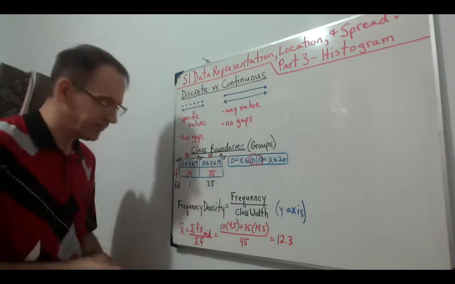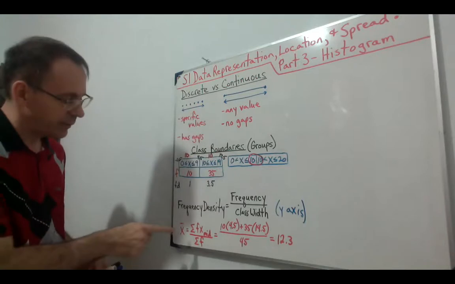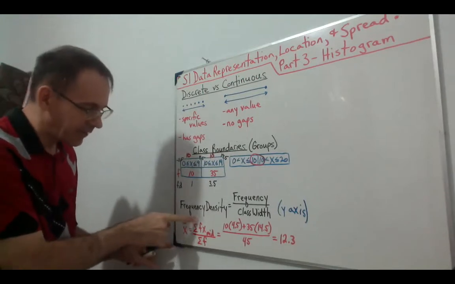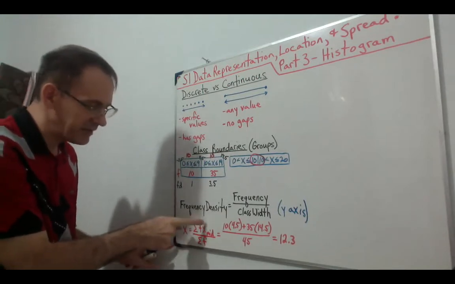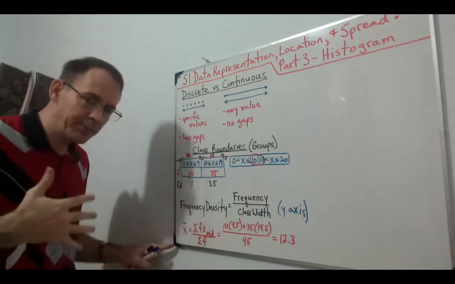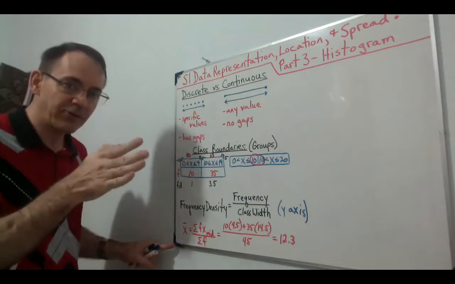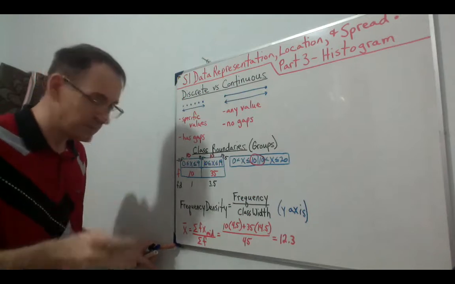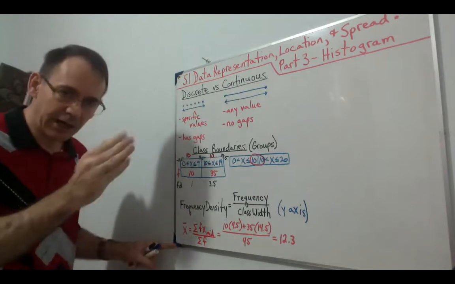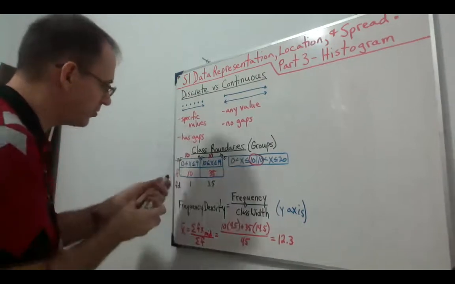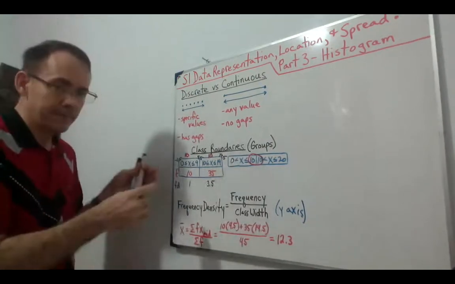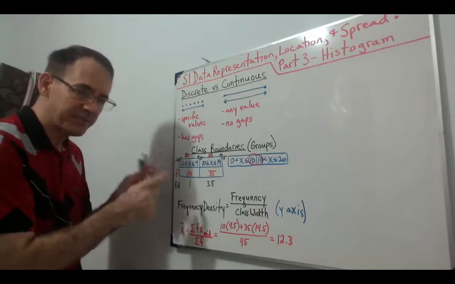They're grouped. So what we do is we take the sum of the frequency times the mid-class value. Remember, mean is like average, and average is generally around the middle. Although average and middle are not always the same, what we're going to do is take the mid-class value.